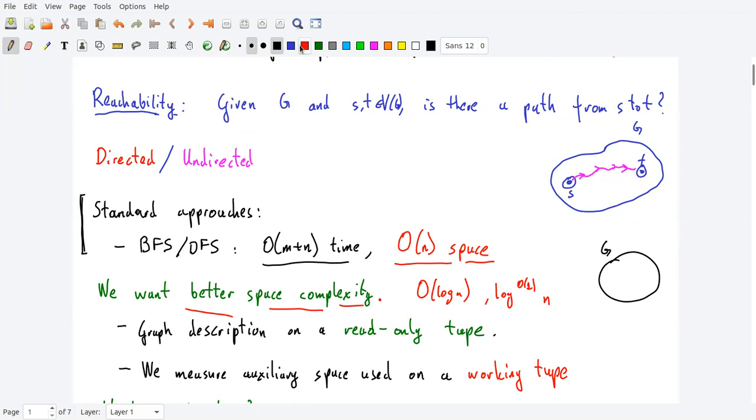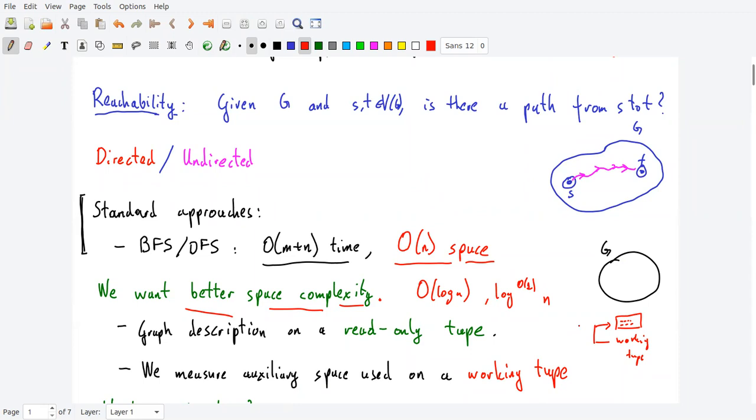Apart from this graph, to which we have read-only access, we have some small amount of working memory, called a working tape, where we can store some auxiliary data about the computation. And we would like to minimize the amount of working space that we use.